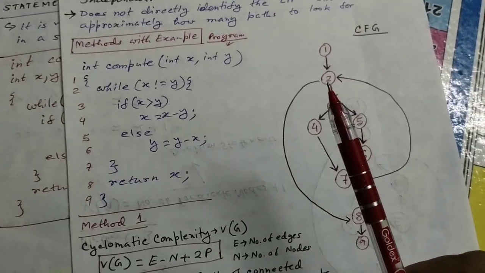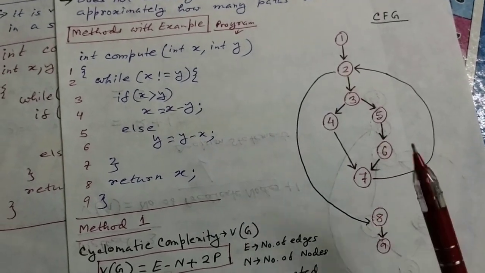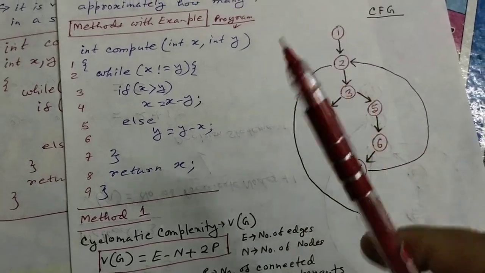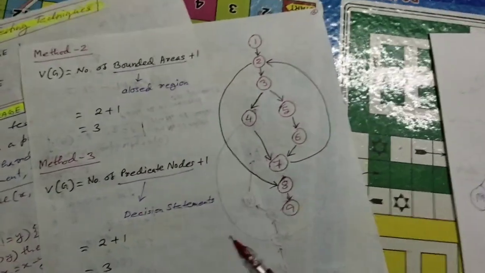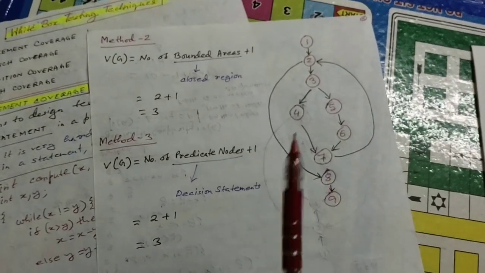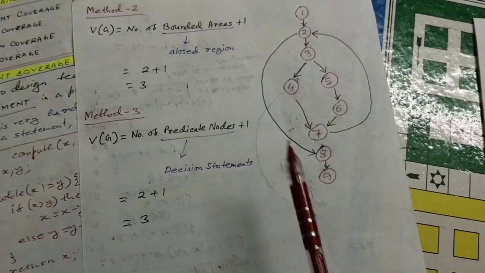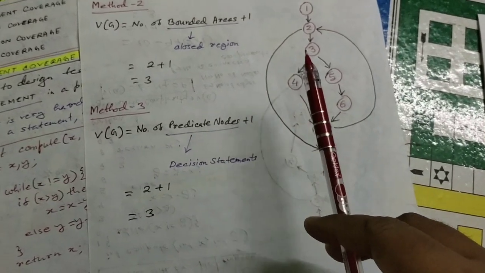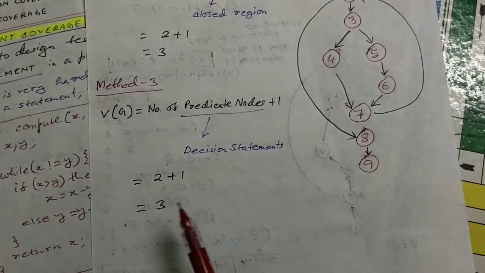Again, from 2 there is a condition, see, 2 to 3 and 2 to 8, two branches. So we are getting two predicate nodes in this drawn CFG, or control flow graph. So 2 and 3, so the number of predicate nodes is 2 here, and plus 1, so 3.